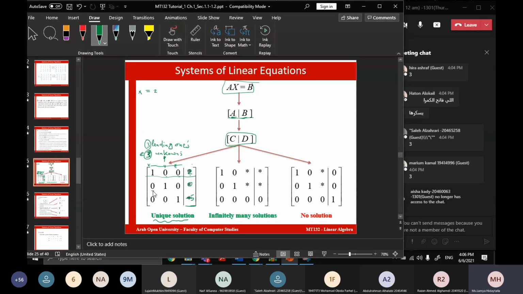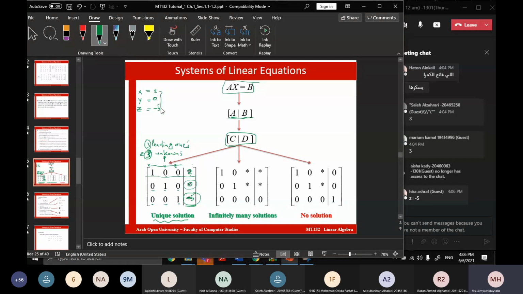Then 0x plus y plus 0z, so y is equal to 0. And lastly, 0x plus 0y plus 1z, so z is equal to minus 5. So this is going to be the solution.